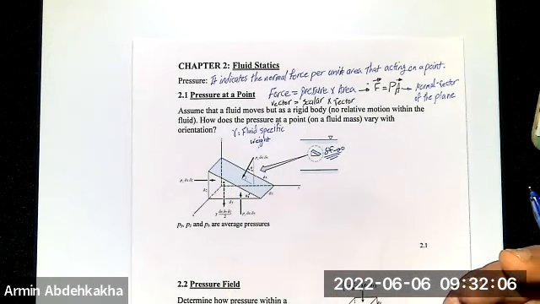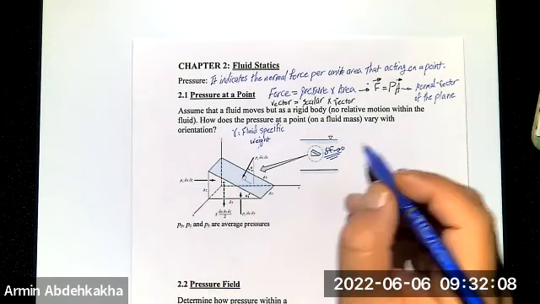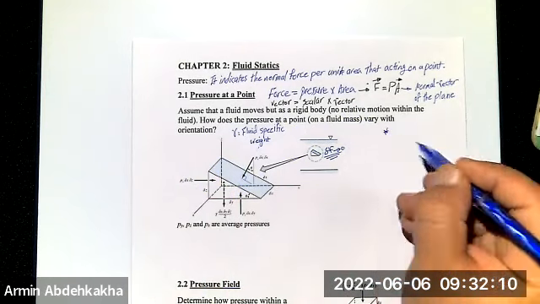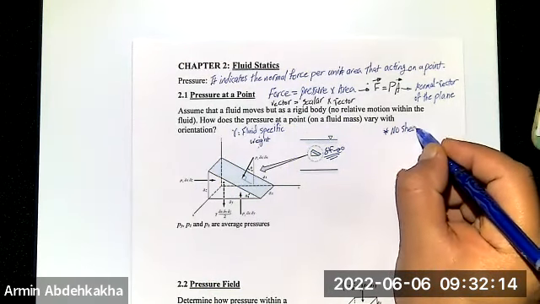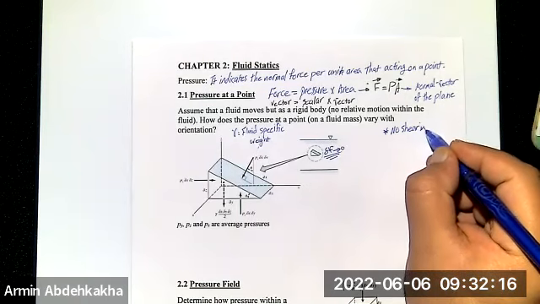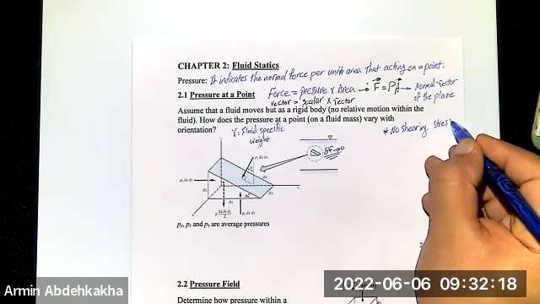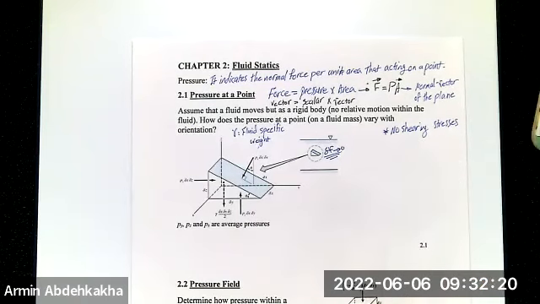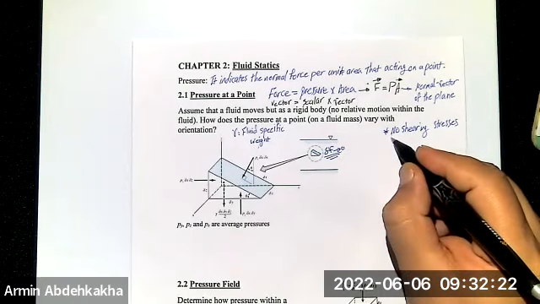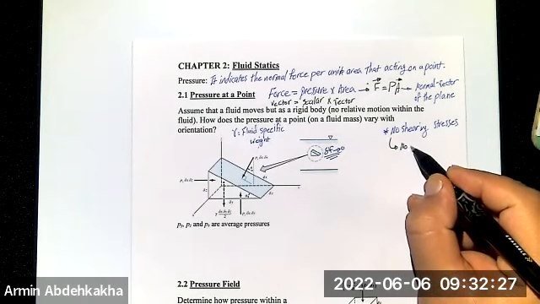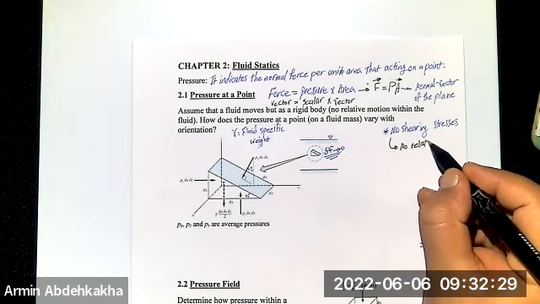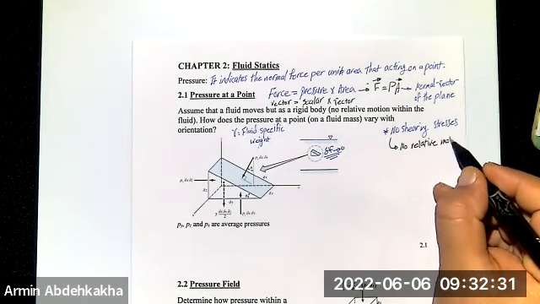So no relative motion means that you consider no shearing stresses. That's also an assumption. Why? Because of no relative motion.